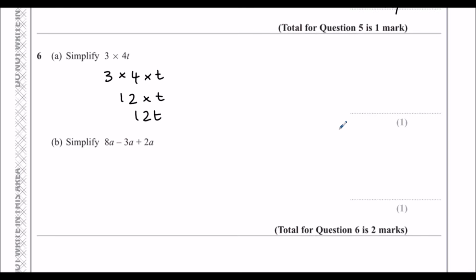So 3 times 4t is 12t. And simplify 8a take away 3a plus 2a. So you've got 8a's, you take away 3a's, that leaves you with 5a's, plus 2a's, that's 7a.